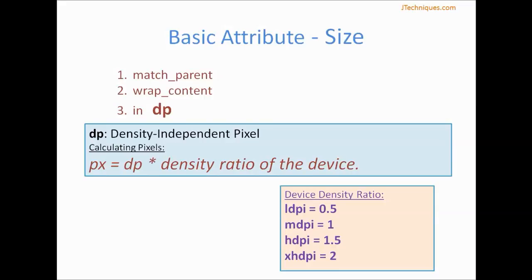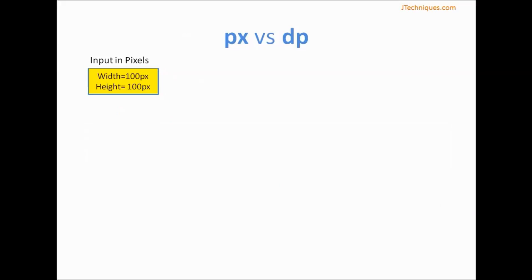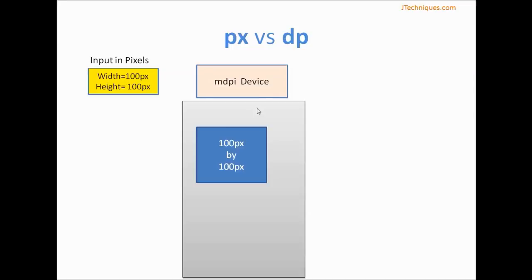Let's look at an example on what happens when you specify height and width in pixel versus DP. Let's say we are creating an element and specifying the height and width in pixels, say 100 pixels each. On a normal device where the density is a normal density, that's a MDPI device, our element would look like something like this.